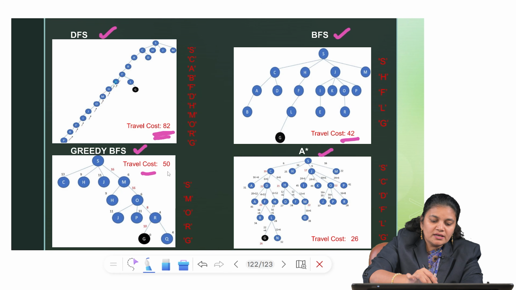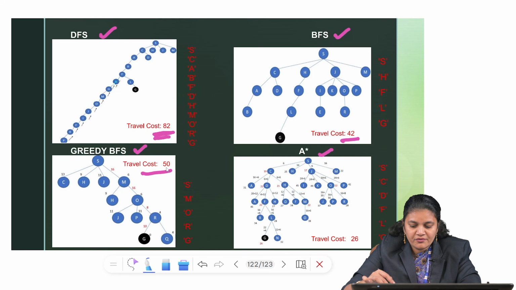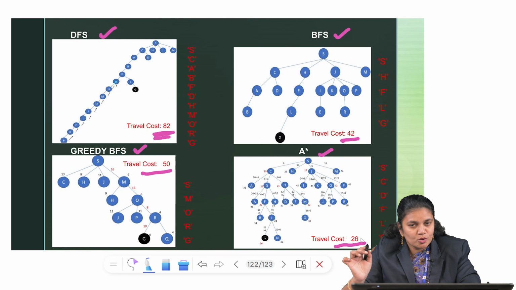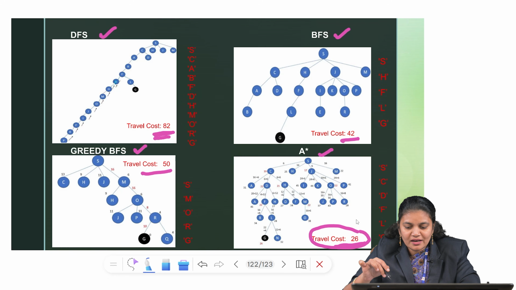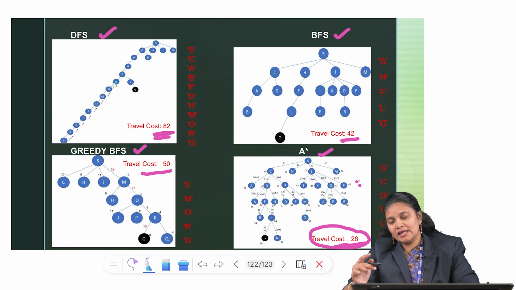We got a total travel cost of 50 in greedy best first search and a travel cost of 26 in A star, which is the optimal solution. But in A star, we visited a lot of nodes and did many calculations, yet our travel cost is very low.